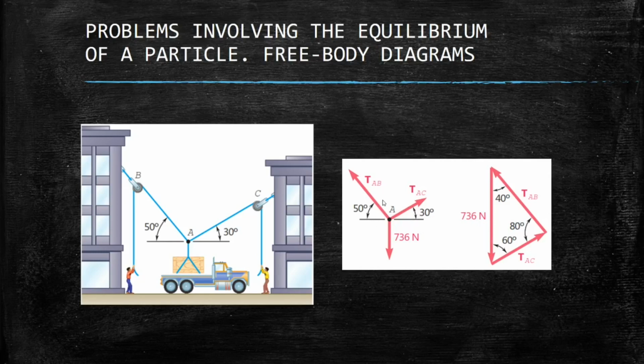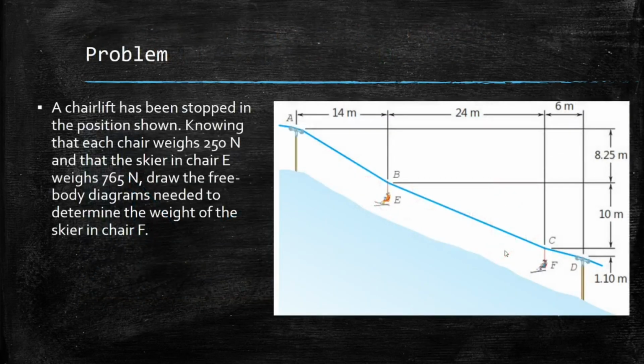Since there are only 3 forces, I can easily go for my sine law, and this triangle can be easily used for solving such kind of problem. So with that, let us try solving this problem.